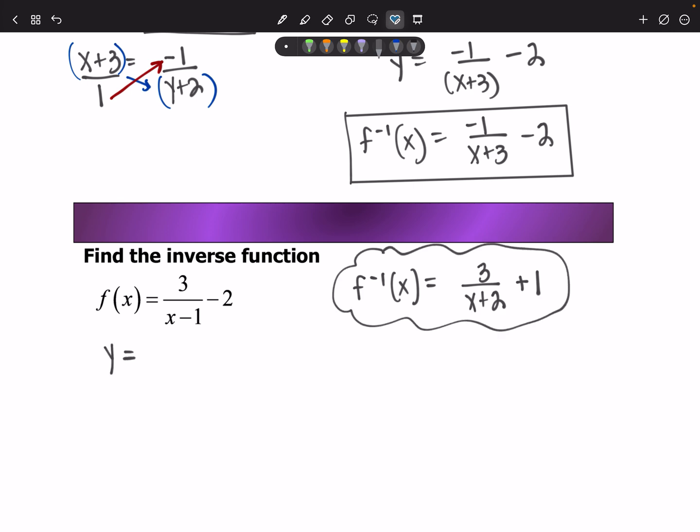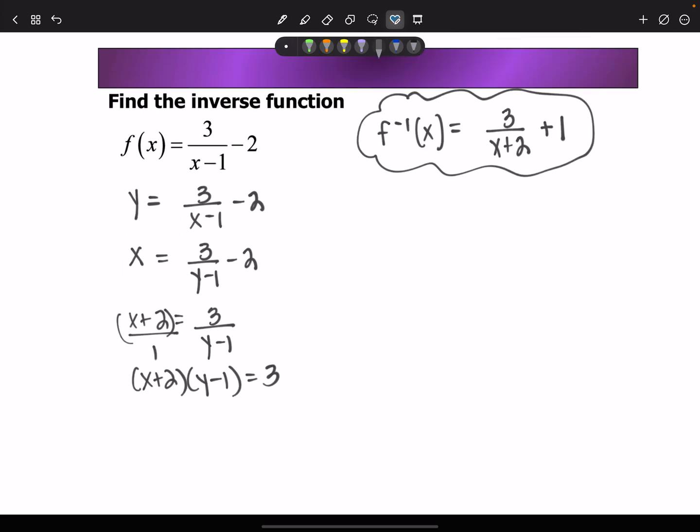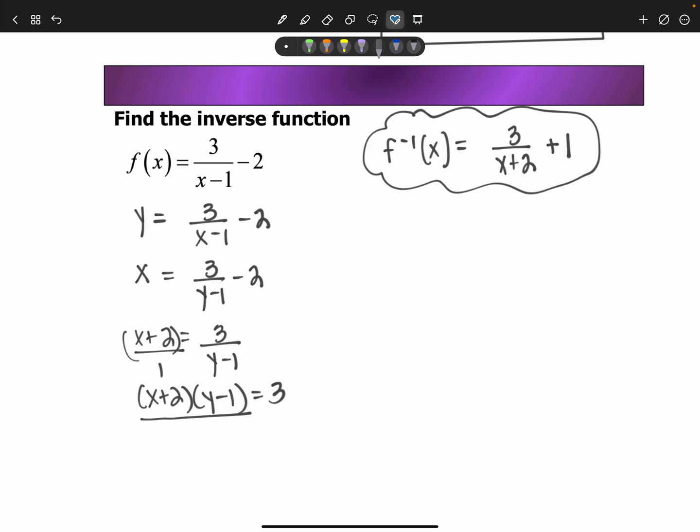I changed the function notation to y. Then I switched the x's and the y's. I added 2 to both sides. I cross multiplied. X plus 2 times y minus 1 is equal to 3 times 1, which is just 3. I want to solve for y, so I divided by x plus 2 on both sides.